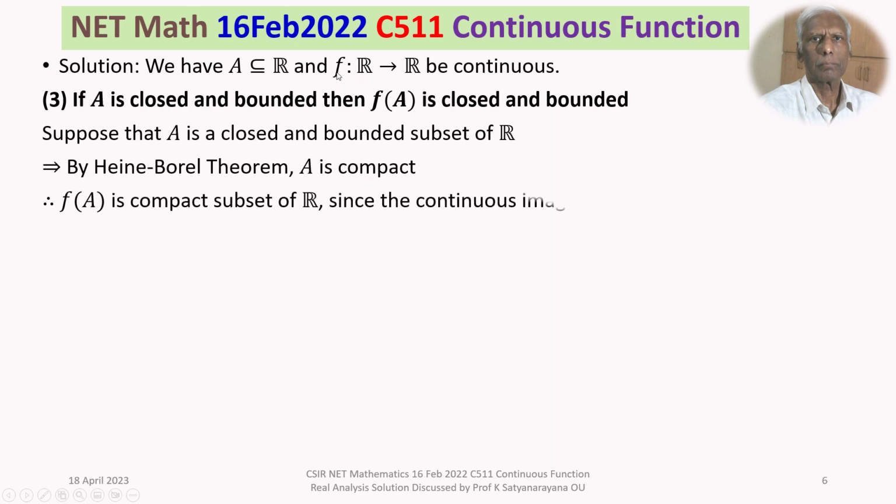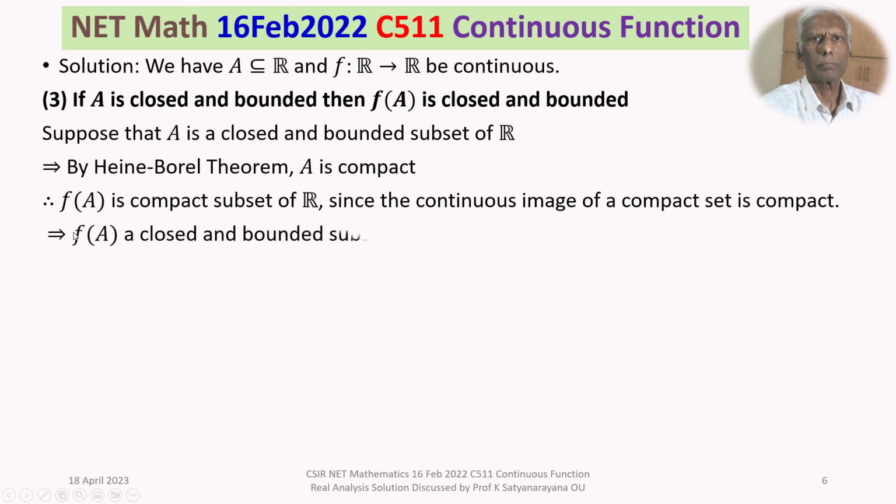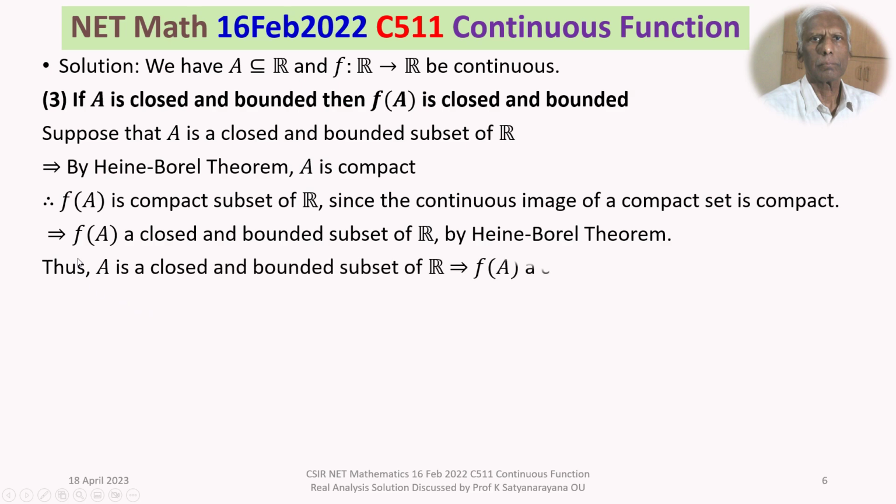Because f is a function from R to R and it is continuous, f of A is compact, because a continuous image of a compact set is compact. So f of A is a compact subset of R. Using the Heine-Borel theorem in the reverse direction, f of A is a closed and bounded subset of R. Thus, A closed and bounded implies f of A is closed and bounded.